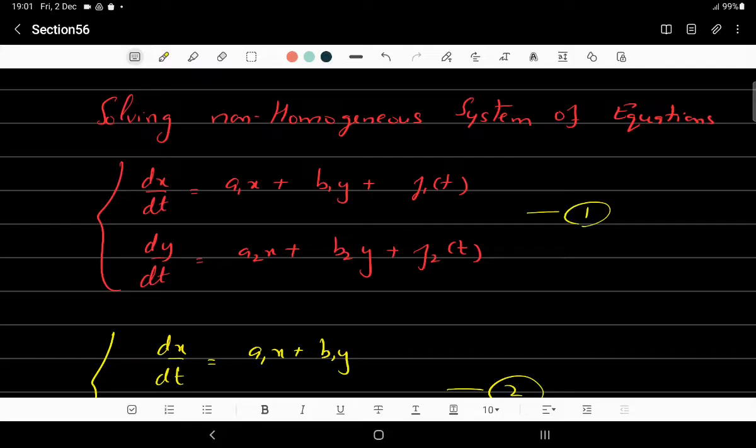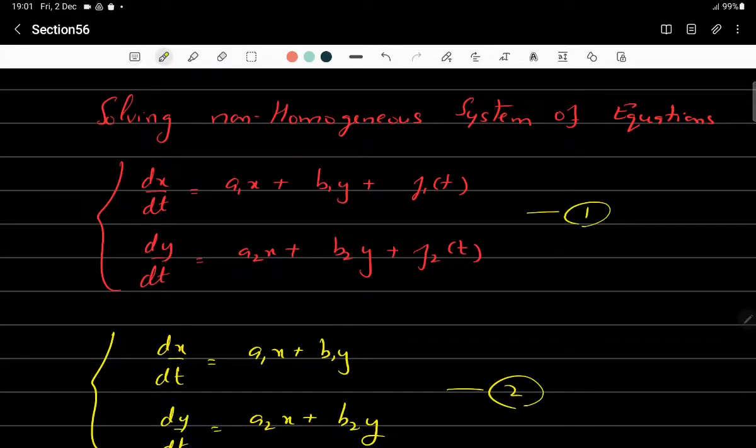Now if you recall the second order non-homogeneous differential equation, we used to write its general solution as y of x, which is yp plus yg, where yg is the general solution of the homogeneous part and yp is the particular solution of the non-homogeneous part.